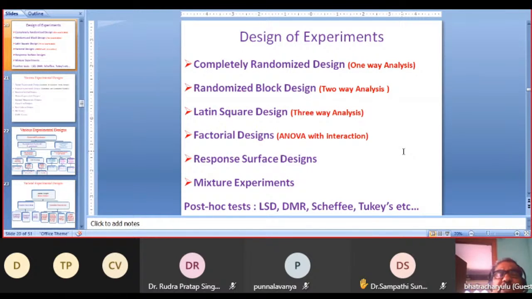And all these designs are completely randomized design, randomized block design, lattice square, factorial, or response surfaces, or mixture experiments. Many other designs are there, like incomplete block designs, balanced incomplete block designs, or Taguchi design, which is also part of some incomplete block designs and which we can also apply with response surface design modeling, and partially balanced incomplete block designs, Euler square designs.